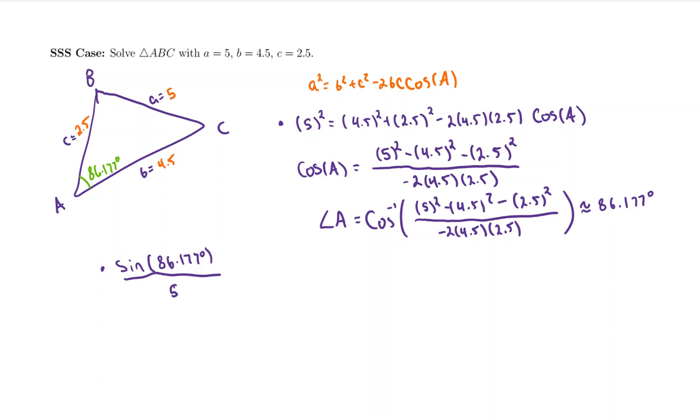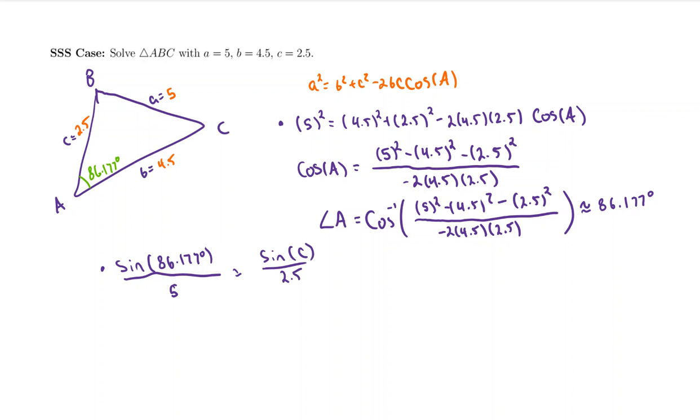Do you want to solve for angle B or angle C? With the law of sines, you're going to solve for the small angle always. So sines, small. So since 2.5 is less than 4.5, angle C is going to be less than angle B. So we're going to solve for angle C in this problem.